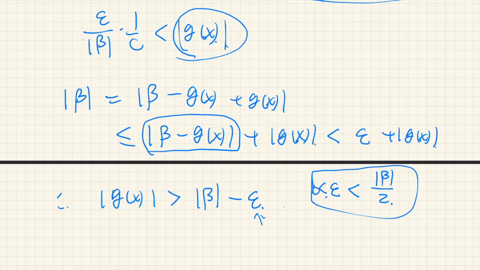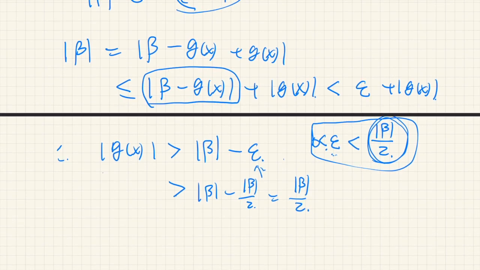Epsilon is greater than 0, of course, and it's so small that we can assume this is true. If that's the case, then this is greater than beta minus half of beta, which is half of the absolute value of beta. So the absolute value of g of x, if x is close enough to a, is greater than half of the absolute value of beta.